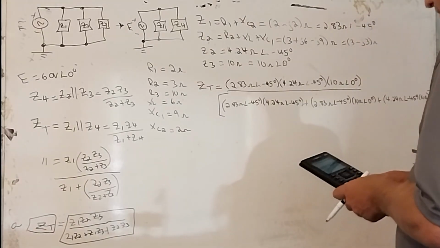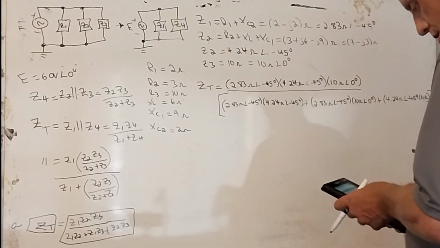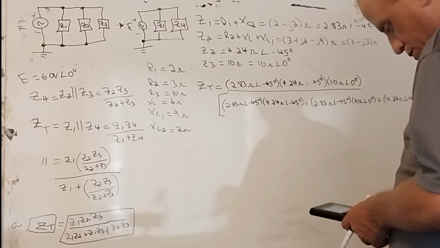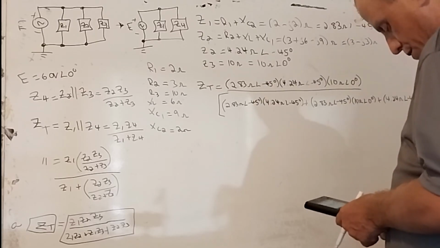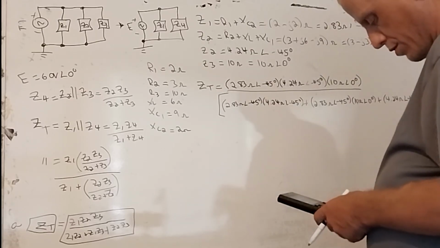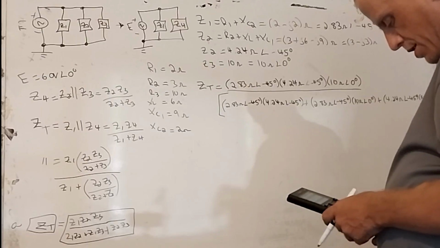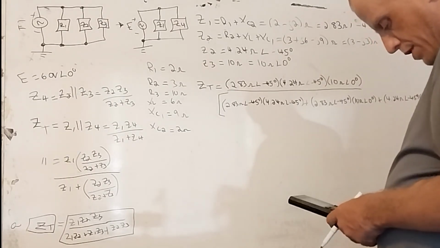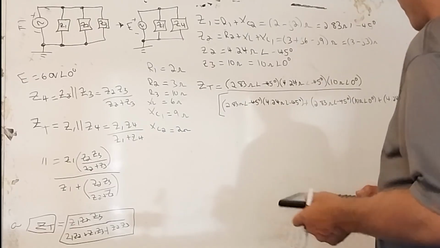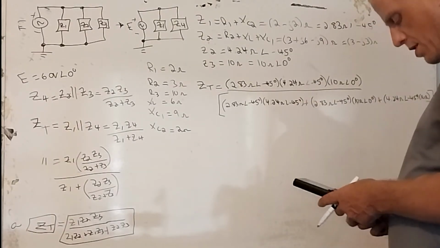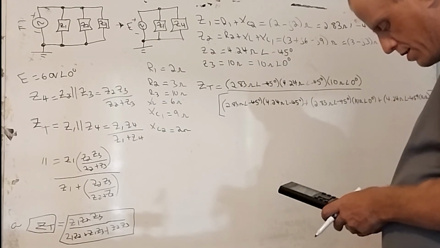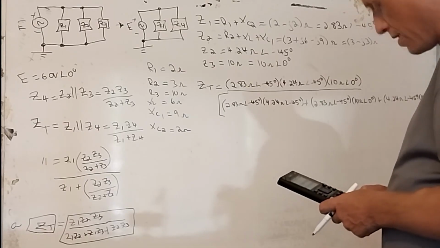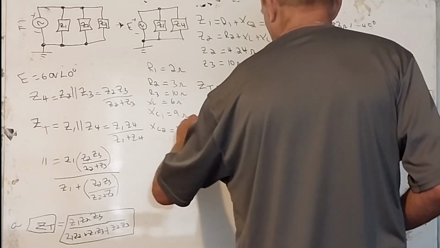Let's see. I'm going to save the 2.83 value, the whole value, as A, and then the 4.24 value as B. Negative 45 degrees is easy to remember. So A times B times 10 is actually 120 on the dot.